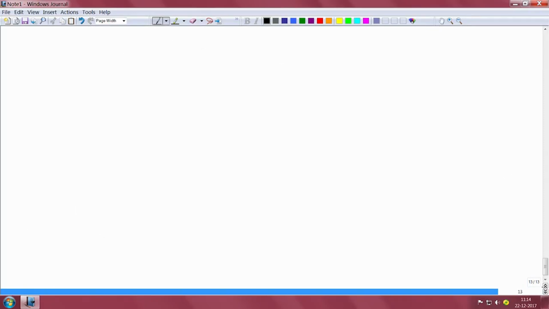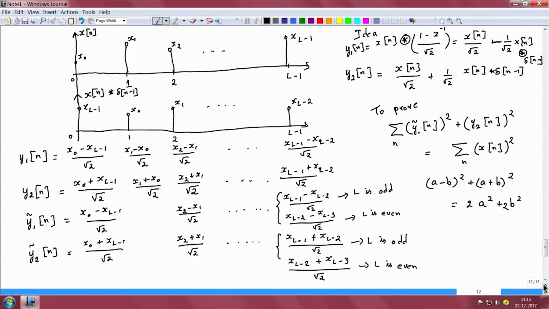So, the values that we will get from the previous slide for y1 tilde of n whole square plus y2 tilde of n whole square. For the first term we have x naught square plus x L minus 1 whole square, and because of the factor 2 here, the contribution of this root 2 will get cancelled out.